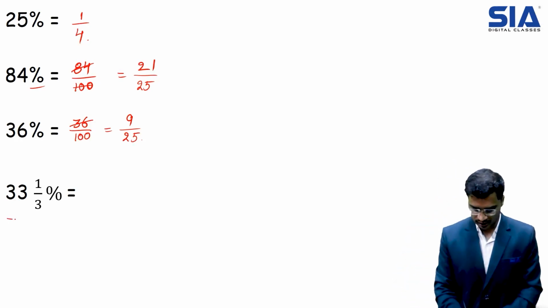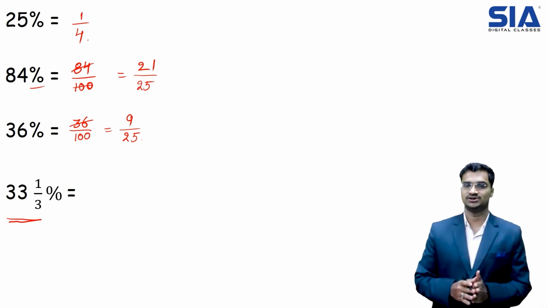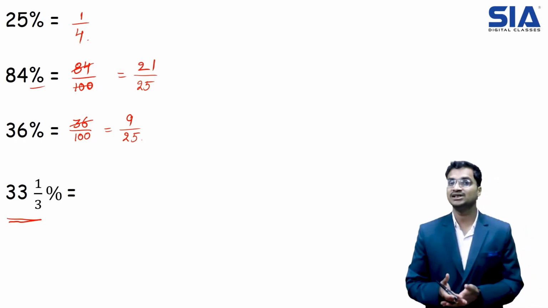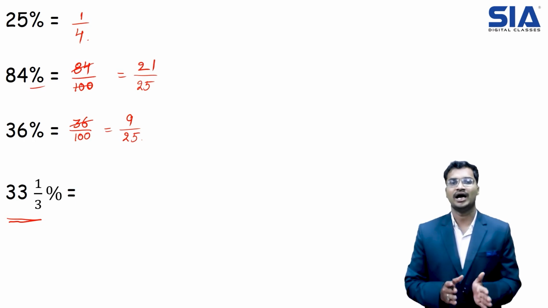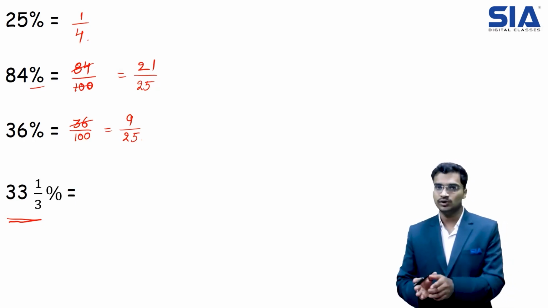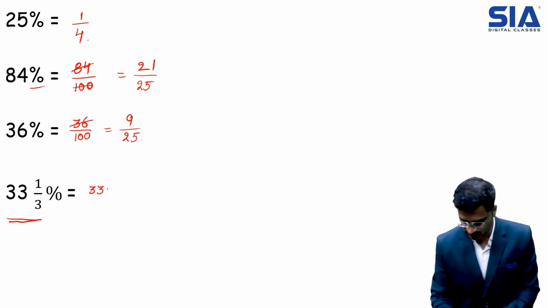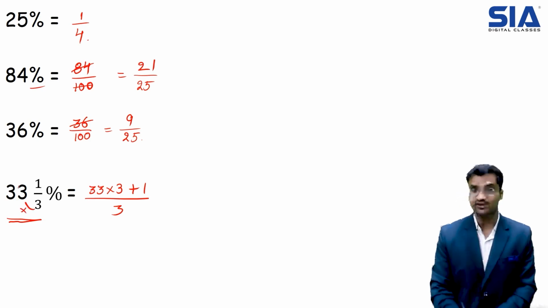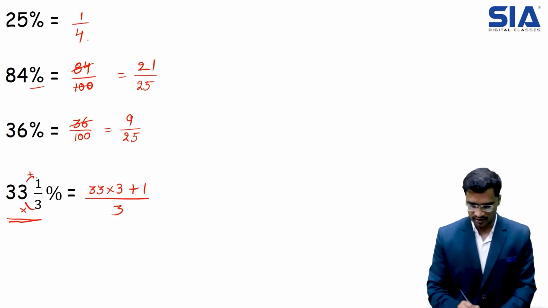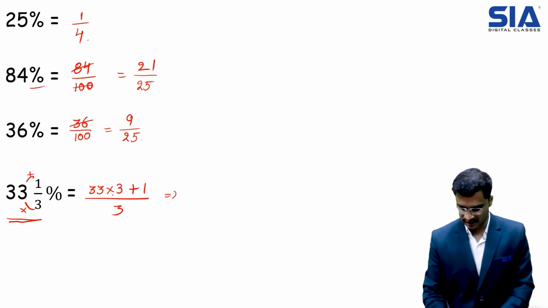In the same way, now 33 1 by 3 percentage. Here 33 1 by 3 is a mixed fraction. What I have to do? I have to convert it into an improper fraction, which is 33 into 3 plus 1 by 3. First of all, I multiply 3 with 33, then I add 1, which gives me 99 plus 1, which is 100 by 3 percentage.